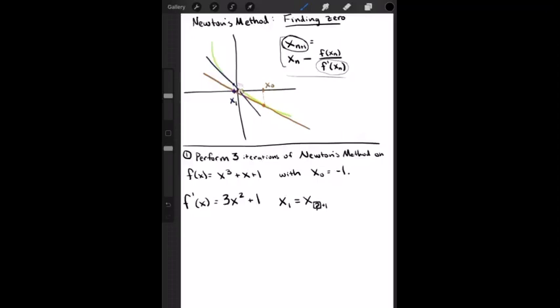What do you need to add to 1 to get 1 back? Well, hopefully it's 0.